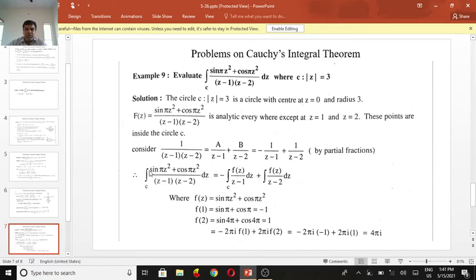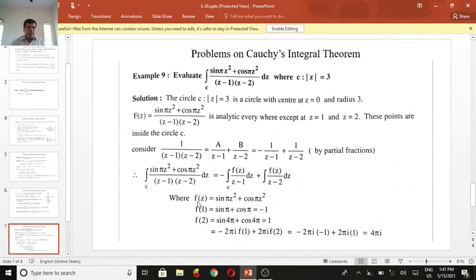So we come to the problem. Therefore, the integral of sin pi z square plus cos pi z square divided by z minus 1 into z minus 2 dz is the integral of A divided by z minus 1 dz plus the integral of B divided by z minus 2 dz. Substituting the values of A and B, where A is minus 1 and B is plus 1, that is minus the integral of f of z divided by z minus 1 dz plus the integral of f of z divided by z minus 2 dz.